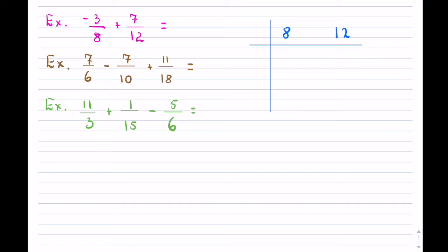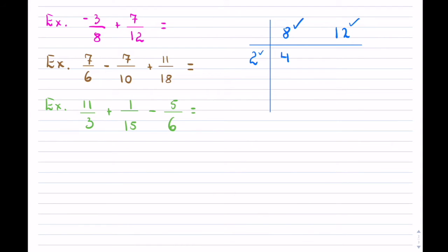The first step is I take the smaller one, and I see what prime number goes into 8. I know that it is 2, and 2 goes into 8 4 times. Then I check if this prime also goes into 12, and it does.